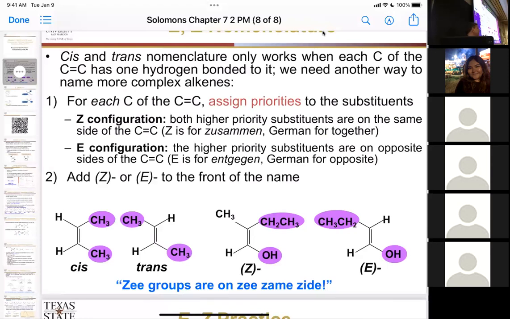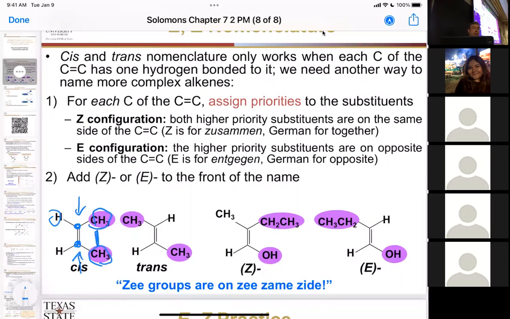In the E and Z method, you find the 2 carbons that your double bond is on. You assign priority on the first carbon, you assign priority on the second carbon. In this case, these methyl groups are highest priority compared with the hydrogen.